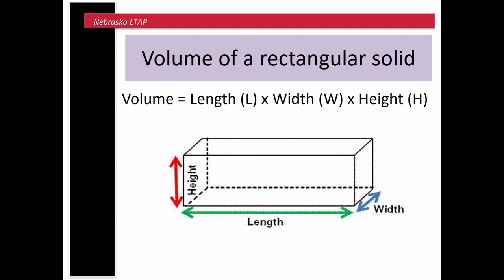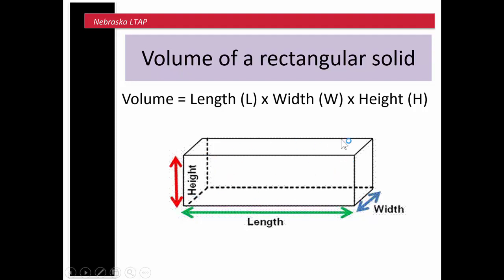So here's an example. This is the volume of a rectangular solid. Now remember, the area was just this flat edge right here, just the length and the height or width, whatever. It's these two edges. We multiply those two, it tells us the area of just this side of this box.